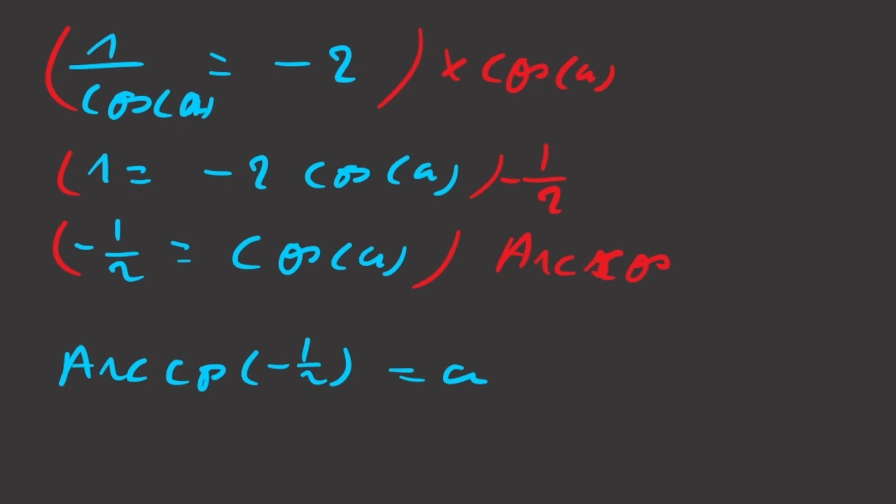But what is the value of arccosine of minus 1 over 2? I assume that I don't know the value yet, so the best thing to do is to use the unit circle. I'm going to use a new page to draw the unit circle and find the value.